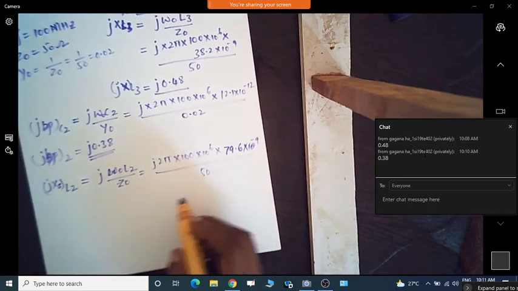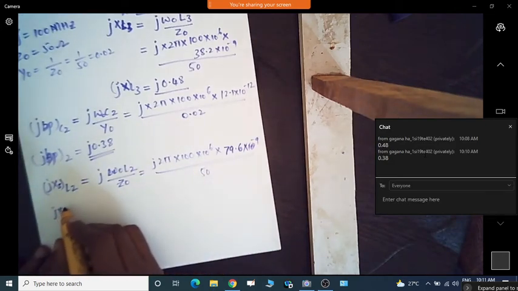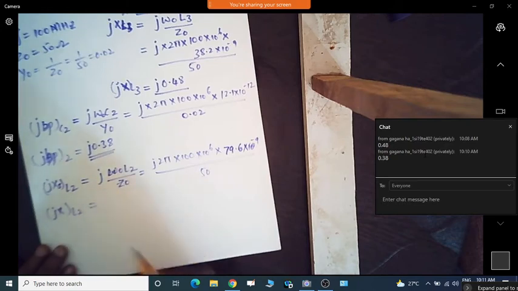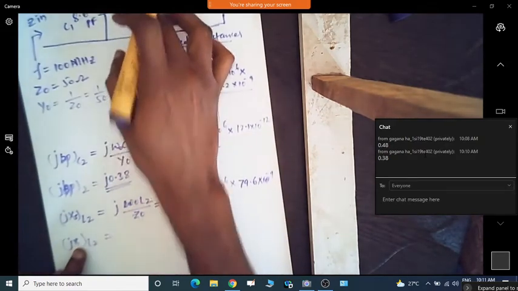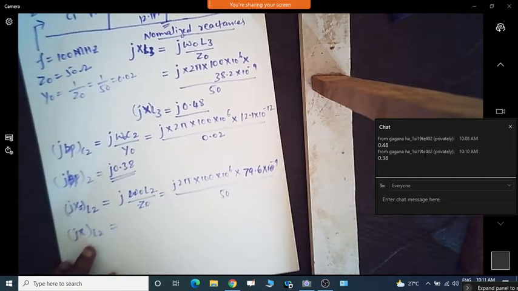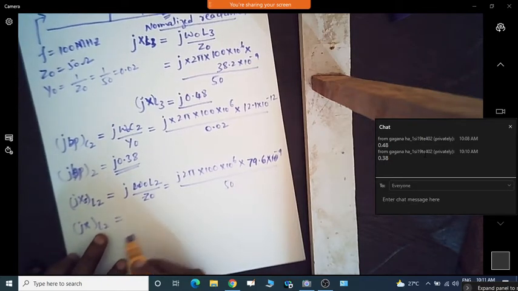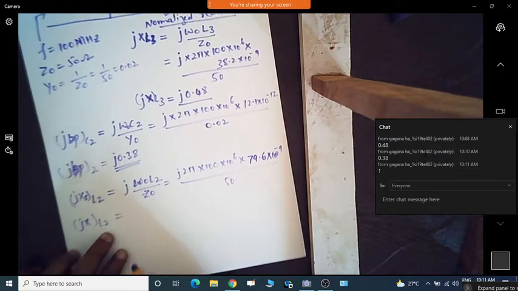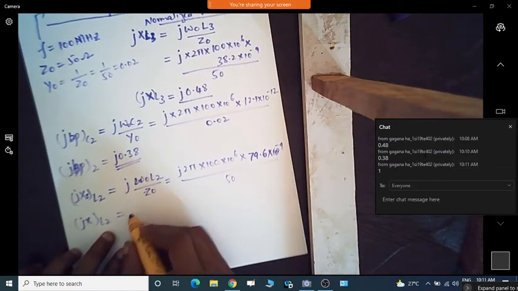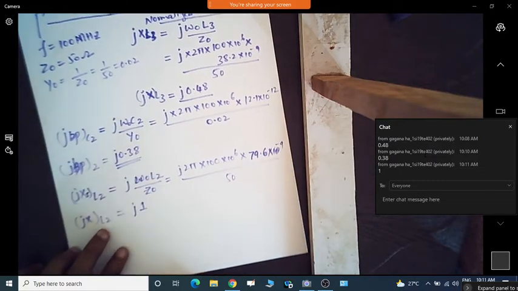Now you can calculate jx due to L2. What is the reactance offered by the inductor L2? It is j1.